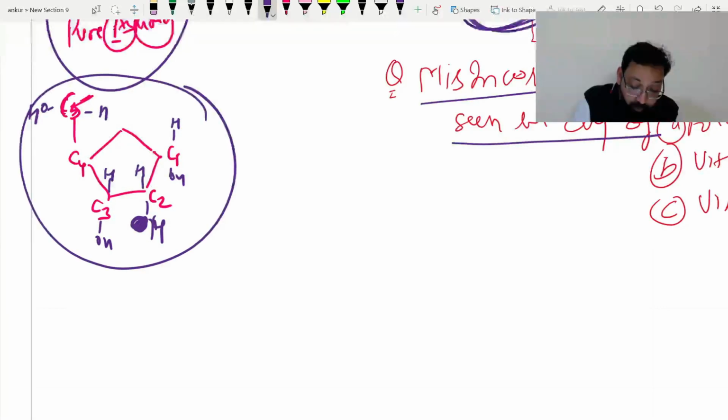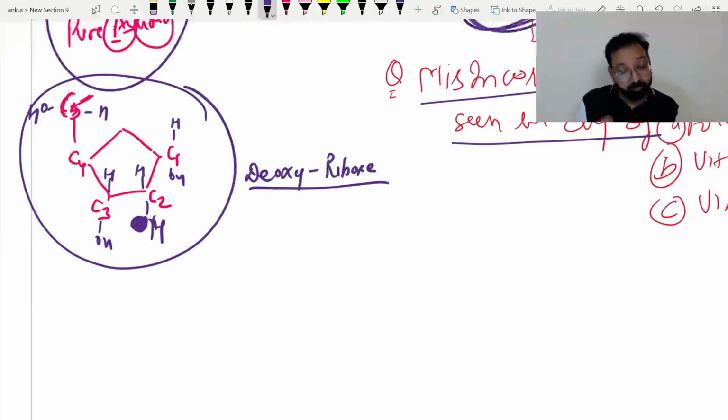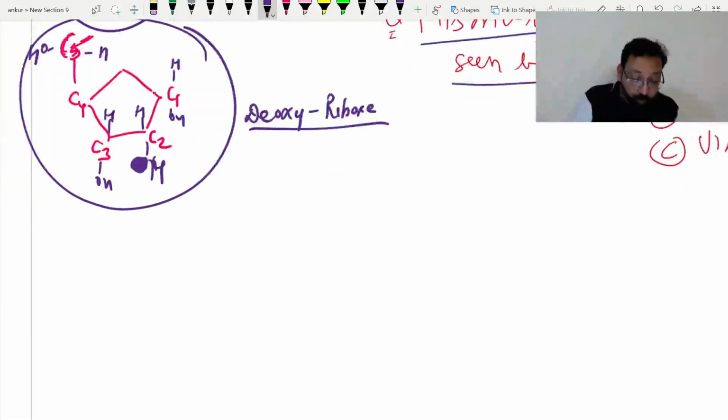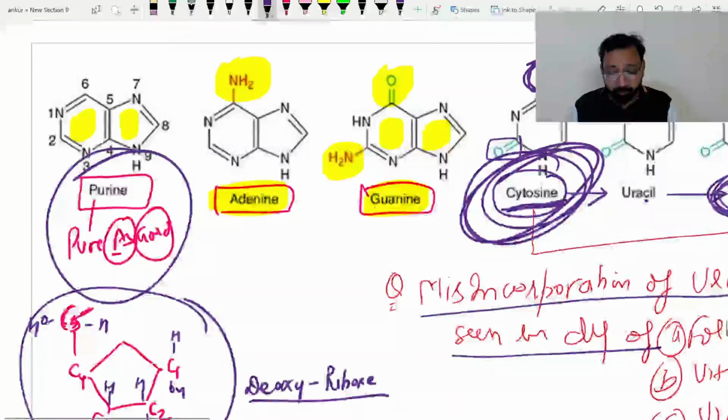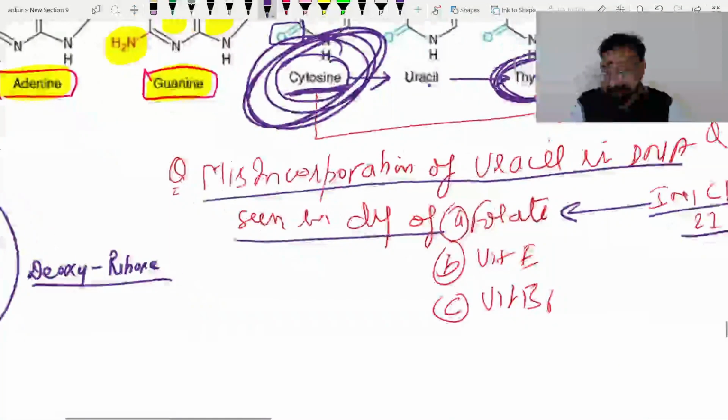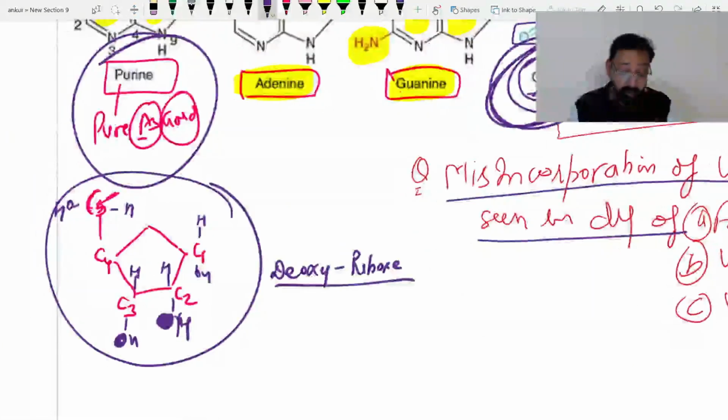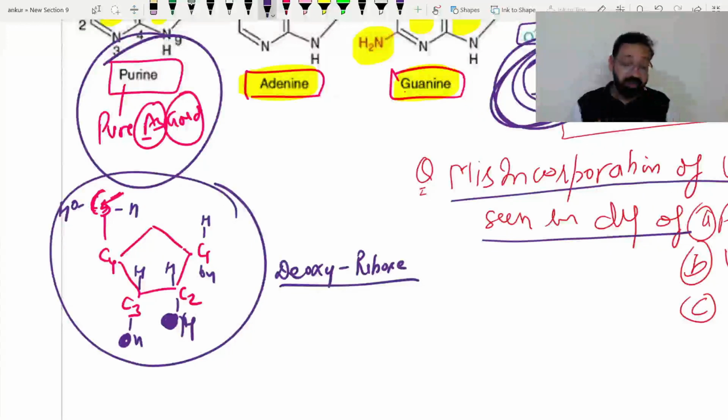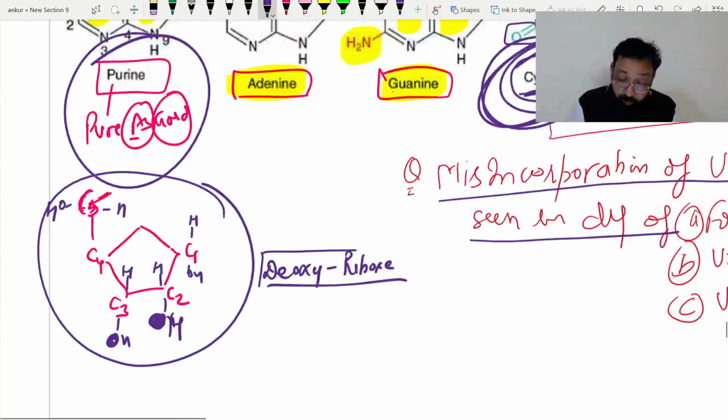You removed one oxygen, and ribose becomes deoxyribose. Why am I so concerned about this difficult topic? Recently, in INICET, 3 questions were asked from this page. 2 questions I have already discussed. Third, I am going to discuss. It will take a little bit of time, but trust me, it's a potential topic. So many times in MLE this question is asked.